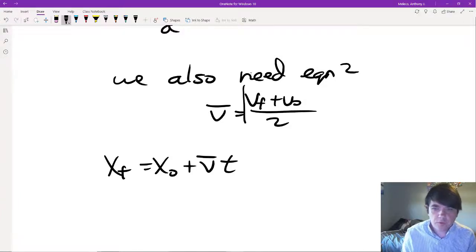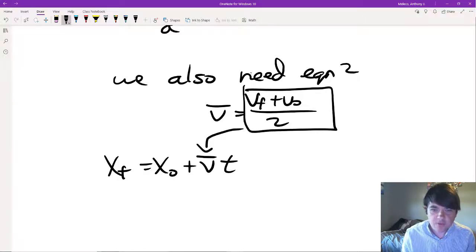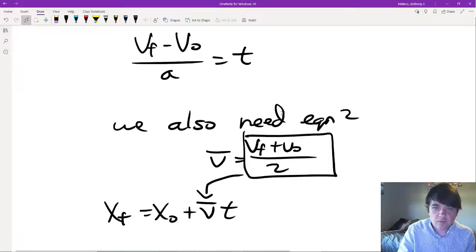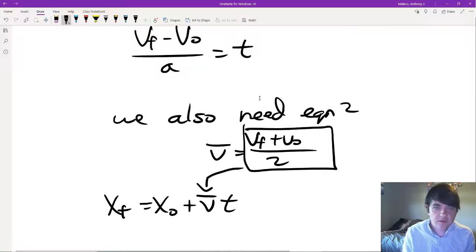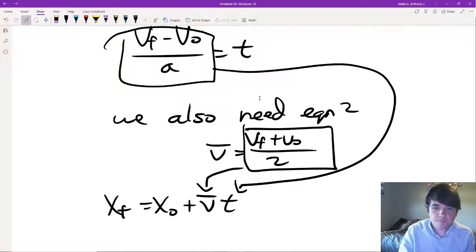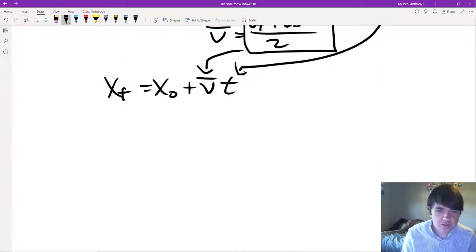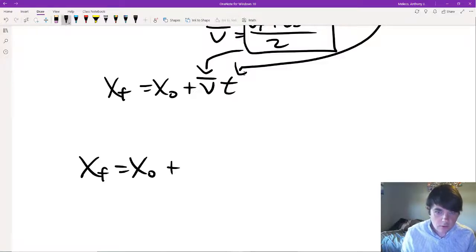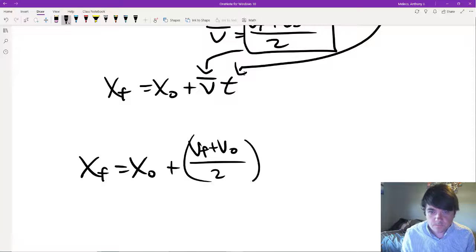Okay, so what we're going to do to finish the derivation of this guy, we're going to plug this guy in here, and we solve this guy for time, right? So we're going to take this, we're going to slot it in here. So again, it's just rearranging things, really. V final plus V initial over 2.